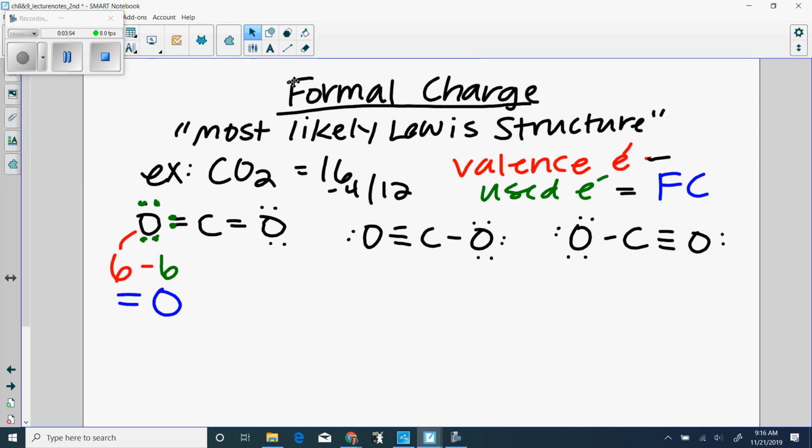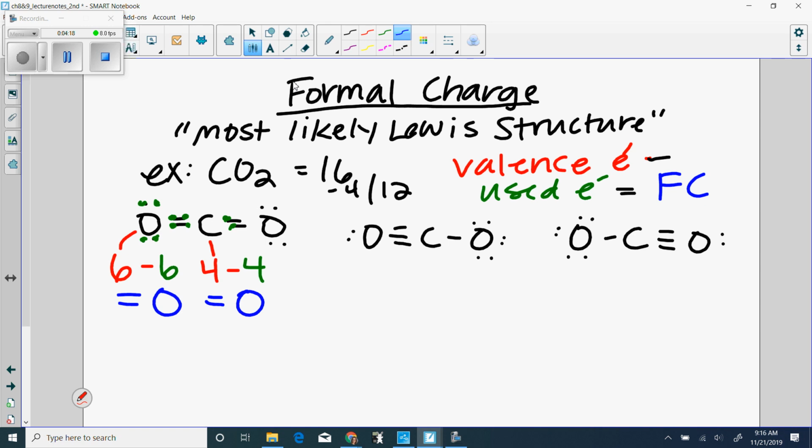Okay, so carbon is in group 4, so it has 4 valence electrons minus the touchies. 1, 2, 3, 4 equals 0. So that carbon has a formal charge of 0, which is good. You want zeros.